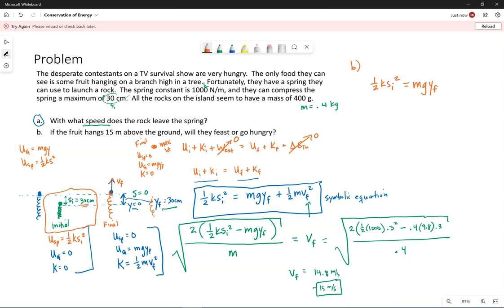We can simply look at 2 moments in time as long as we are accounting for all the types of energy, then we're good, which is really nice. So here we can find y final. This is going to tell us how high the rock can go because of the spring's force.